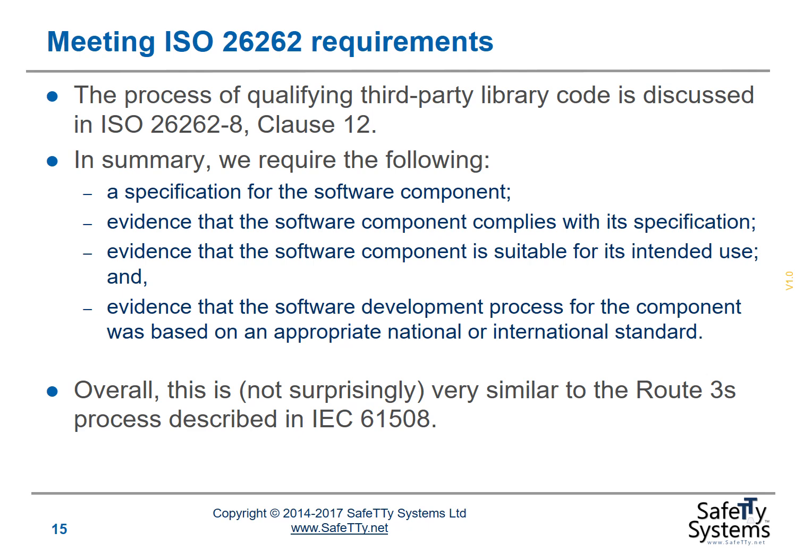In summary, we require the following: a specification for the software component, evidence that the software component complies with its specification, evidence that the software component is suitable for its intended use, and evidence that the software development process for the component was based on an appropriate national or international standard. Overall, this is, not surprisingly, very similar to the Route 3S process described in IEC 61508. The similar concerns and process need to be followed.